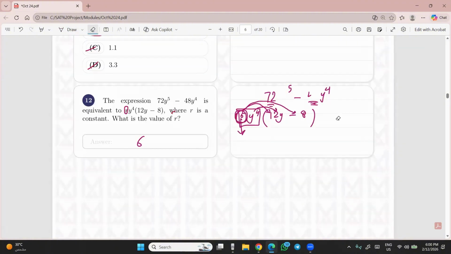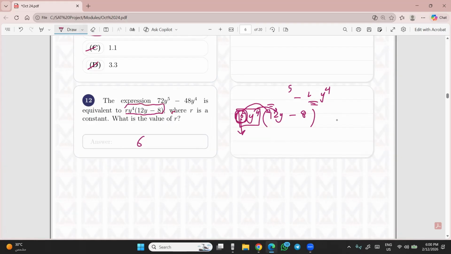But we can also use another method by looking at the answer itself, the equivalent value here. This part can be changed to be something like this. I mean, r y to the 4th times 12y minus 8. We can distribute r y to the 4th times 12y, it will be 12r y to the 5th.